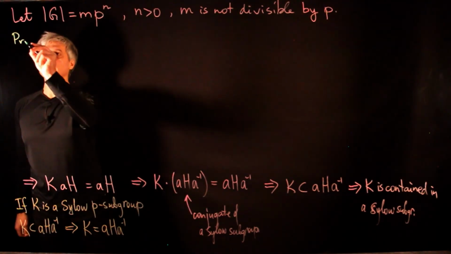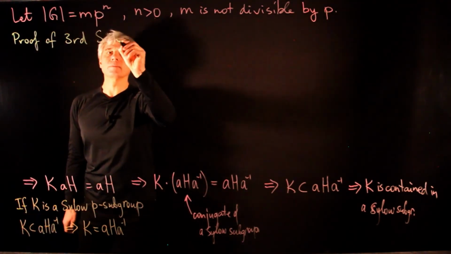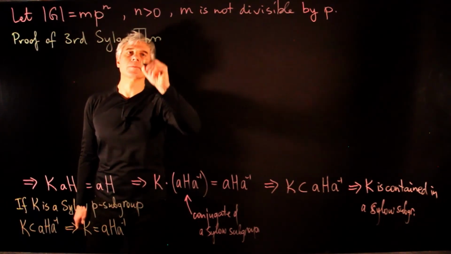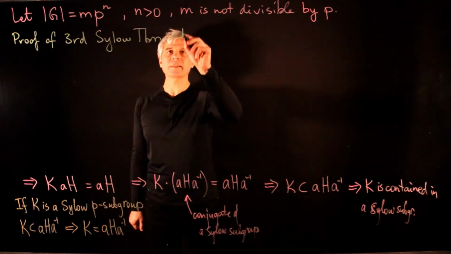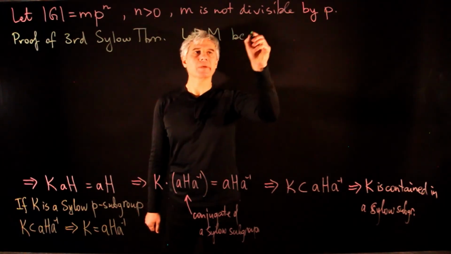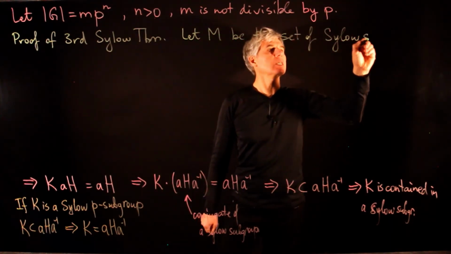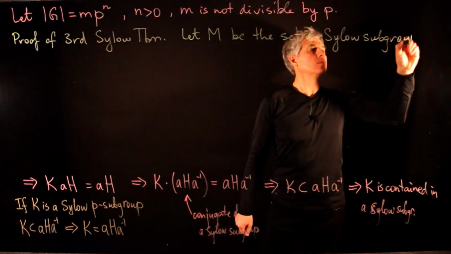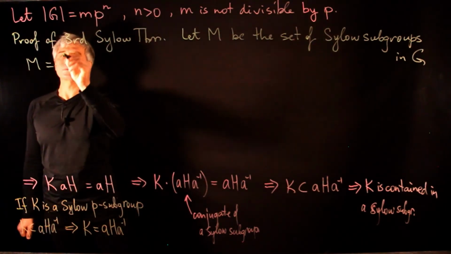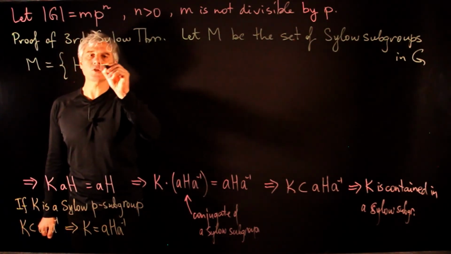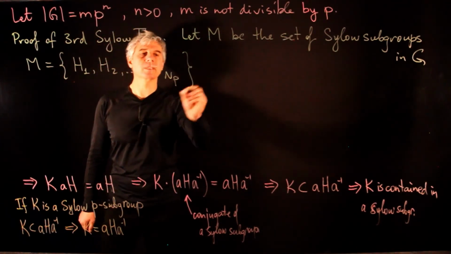Let us give the proof of the third Sylow theorem. So this theorem is about the number of Sylow subgroups in the group G. Let M be the set of all Sylow subgroups in G. So M, we can list them: H1, H2, and so on, and we say that NP is the number of all Sylow subgroups.